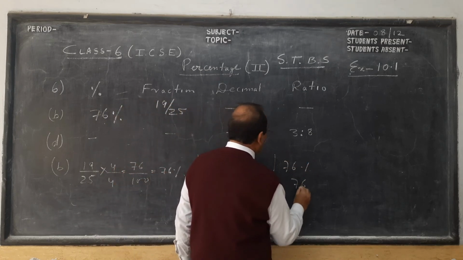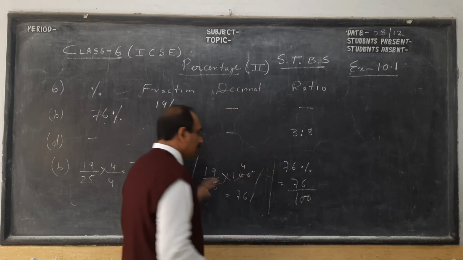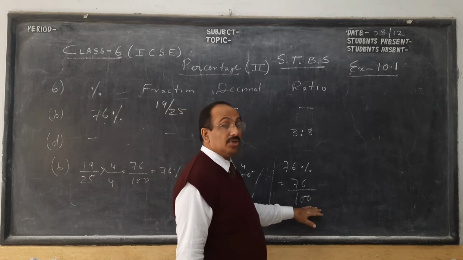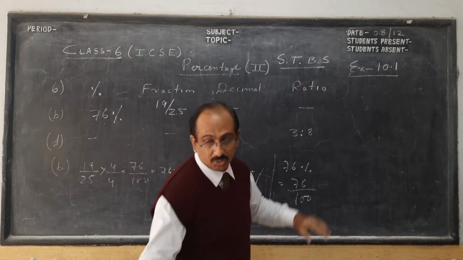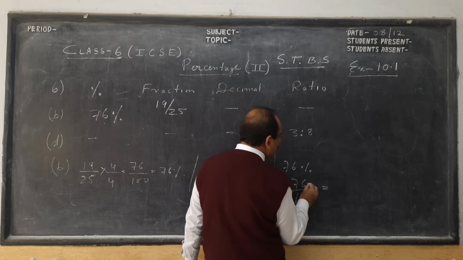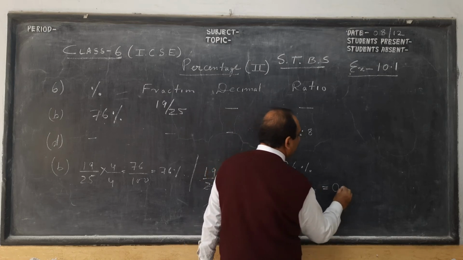Now decimal, children. Here we have 76%. We remove the percentage, we get 100. Second logical method, what we have seen: percentage, when you remove it, 100 comes. Don't cancel, children. If you cancel, you will get the ratio. So here what we do, we bring the decimal to this side. The decimal was here, it will come dividing by 100, it will become less.